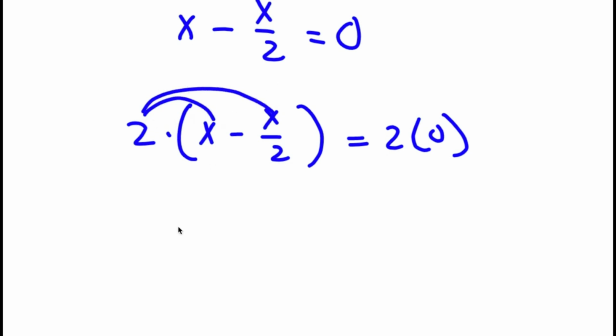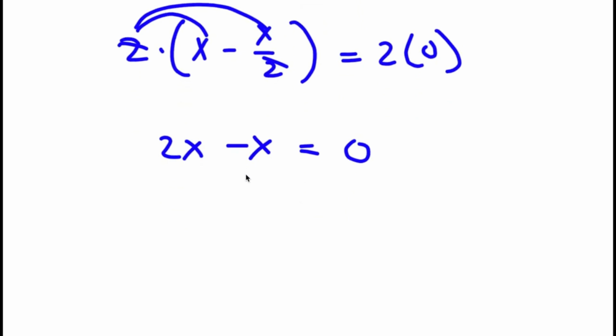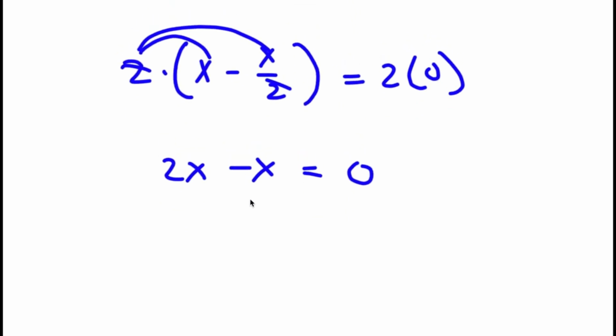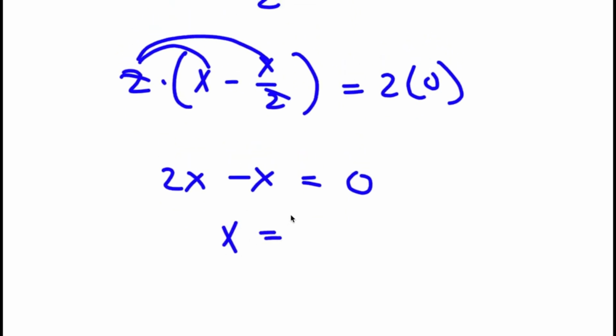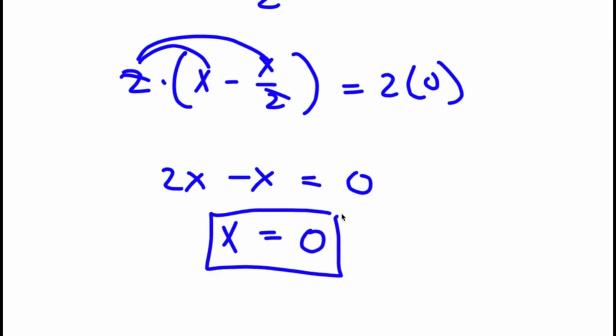So first off, 2 times x, that's simply equal to 2x, and 2 times negative x over 2, the 2's simply cancel out, so all I'll be left with is negative x. And this is equal to 2 times 0, which is simply equal to 0. So I have 2x minus x is equal to 0. Now 2x minus x, that's simply equal to x. So I have x is equal to 0. So x equals 0 is my solution.